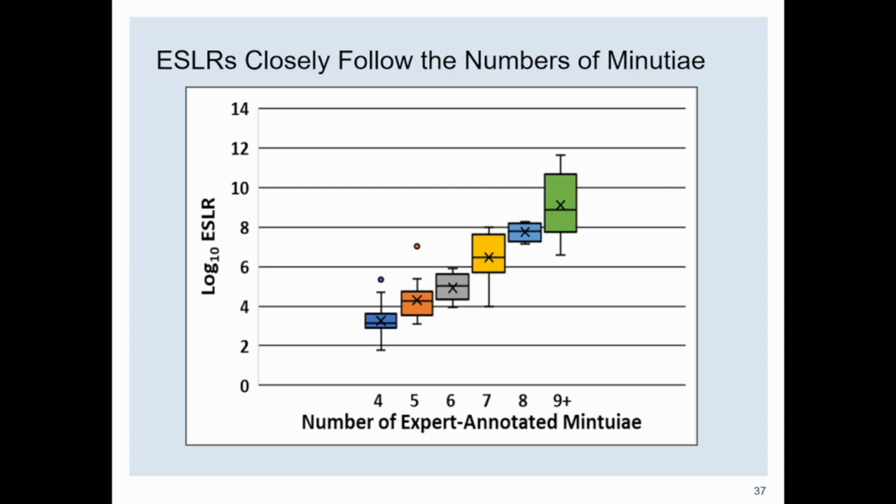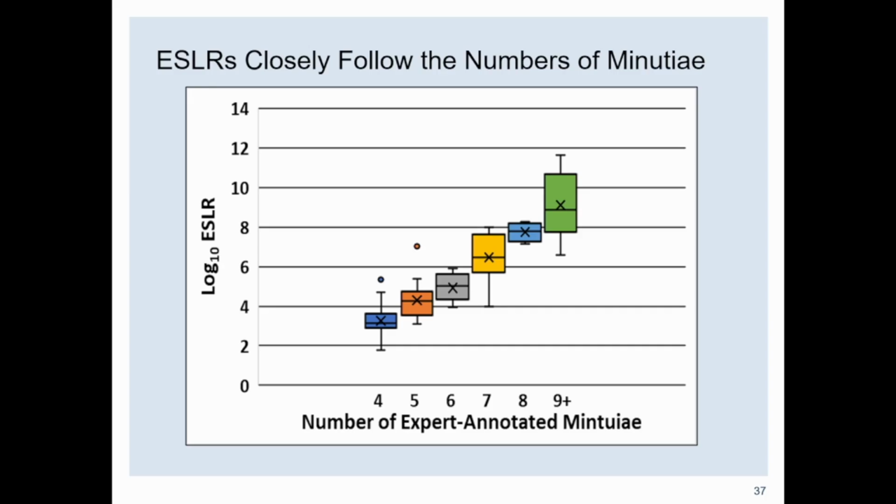Well, what does it mean in terms of probability of occurrence or associative value? There's a fairly direct relationship between these expected score-based likelihood ratios and the number of minutiae that you get when an expert codes it. And what's on the vertical axis here is the logarithm of the ESLR rating.